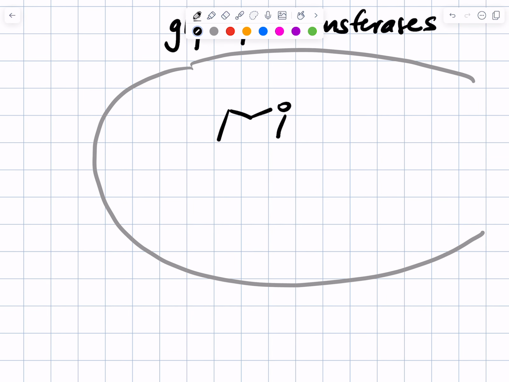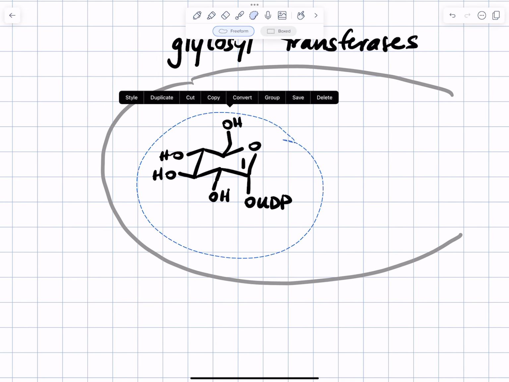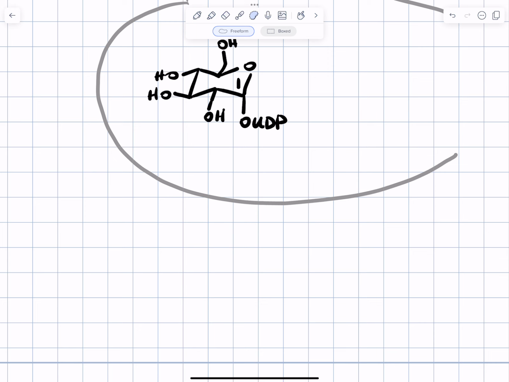The molecule that receives the nucleophile is actually not glucose itself. It's a version of glucose in which the C1 hydroxyl has been replaced by a good leaving group. That good leaving group is called UDP, which stands for uridine diphosphate. I'm going to abbreviate it briefly here. So here is the oxygen that's attached to the C1 of glucose.